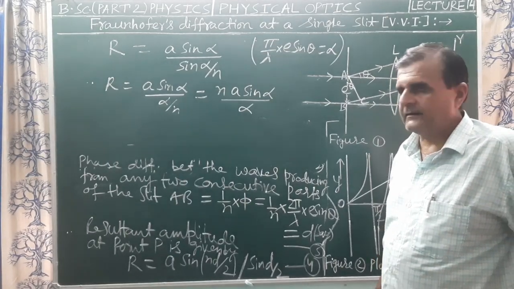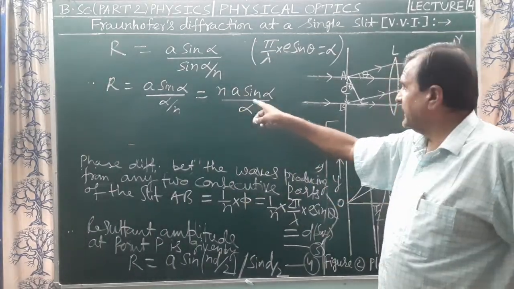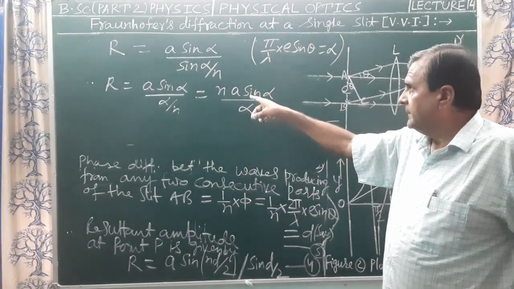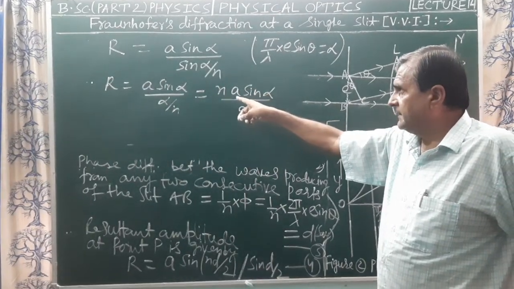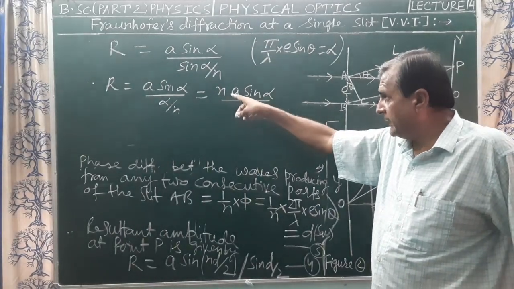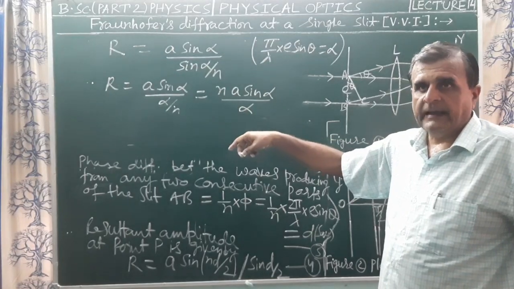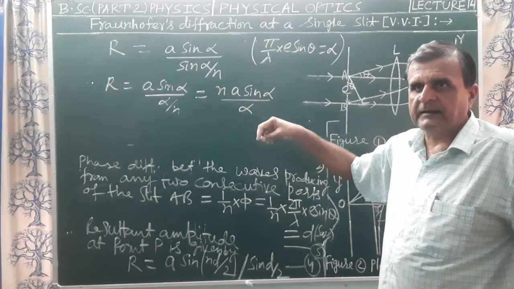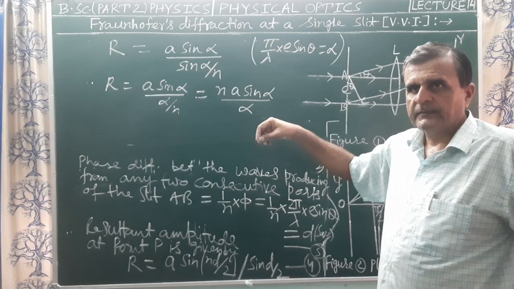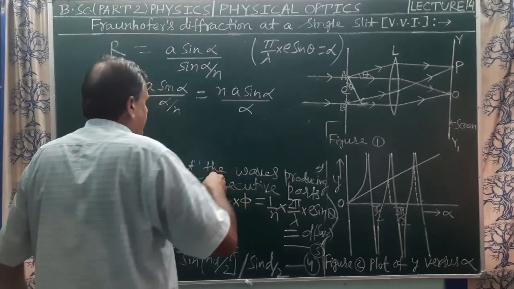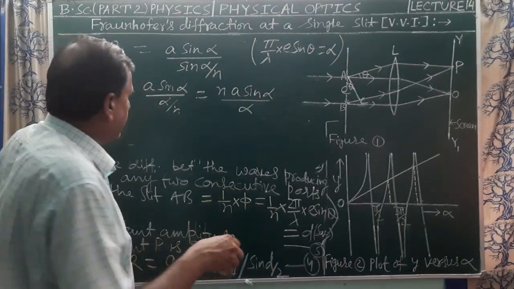So in place of n a, we can put capital A, that is the total, resultant amplitude of the secondary light wavelets produced from the entire slit AB.